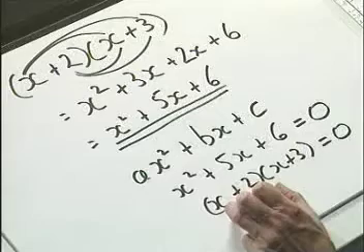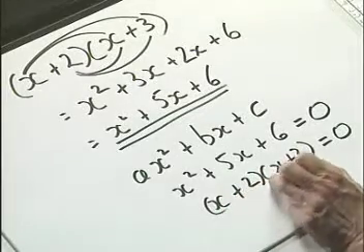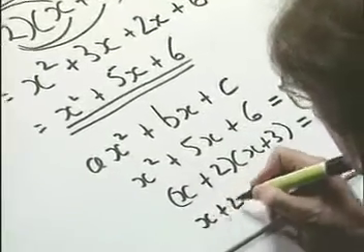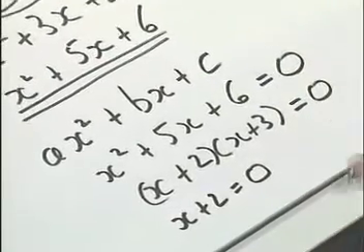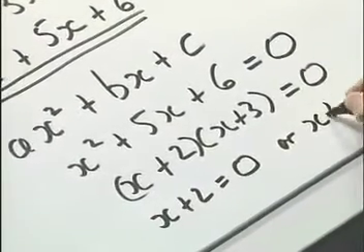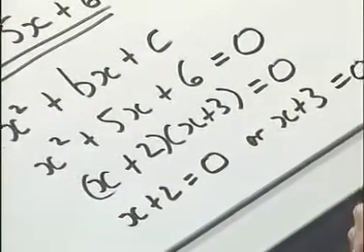And when we have two numbers that multiply together to give 0, then one of the things that must be true is that one of them's 0, or the other one's 0, or they're both 0. So in this case, x plus 2 equals 0, or x plus 3 equals 0.